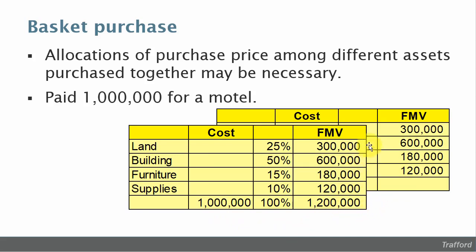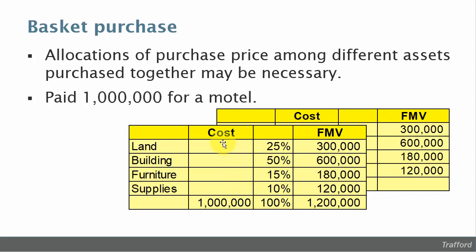We can use these separate fair market values to help us allocate the cost. For example, the fair value of the land was $300,000 out of the possible total, $1,200,000. So, since the land represents 25% of the value, we will allocate 25% of the cost to the land.